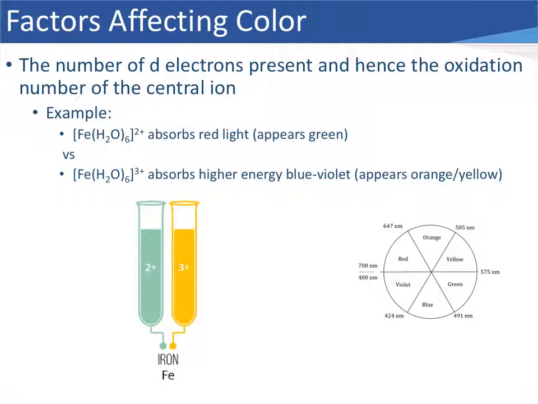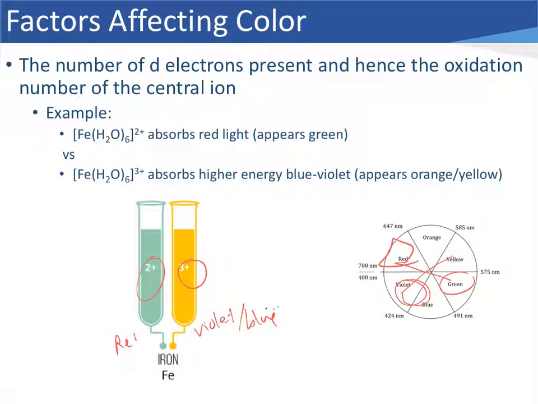The number of electrons present, and hence the oxidation state of the central ion, is important. If I look at iron as a 2+ and as a 3+ ion, this one is yellow, yellow-orange if you will, and so it's absorbing in the violet-blue area. So this is absorbing violet or blue. And if I look at this green color, the green is absorbing red.